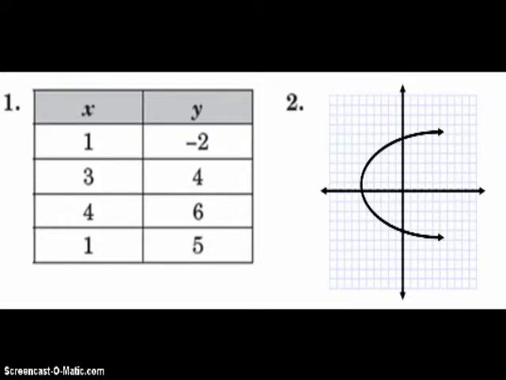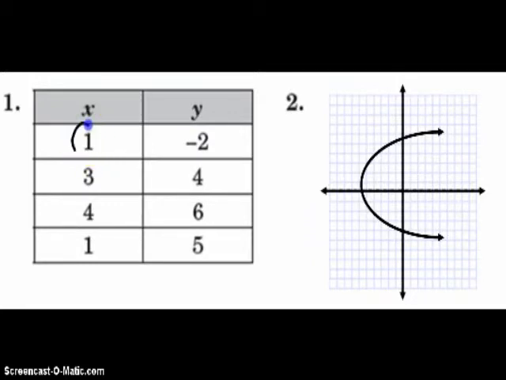Okay, in problems in which you have to determine whether or not the relation is a function, really, there is just one simple, easy thing to look for. You cannot have any x's repeating in order for it to be a function. So, for example, in number 1, this is right from the notes. Notice how I have an x repeating itself.